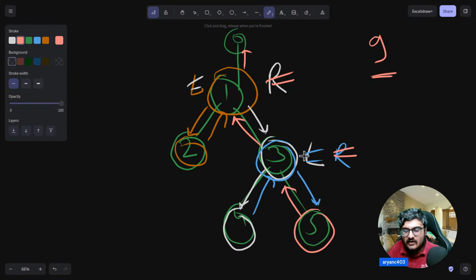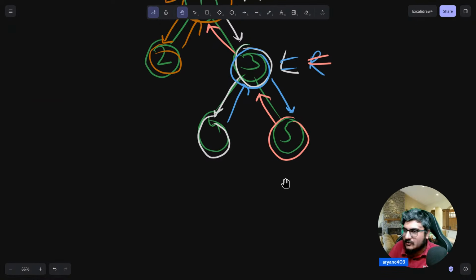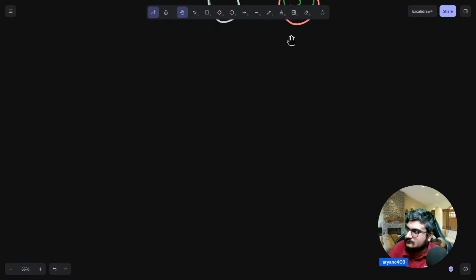So now we probably have to use DP on tree here. DP on tree ideas.